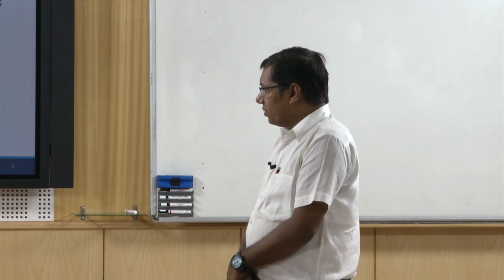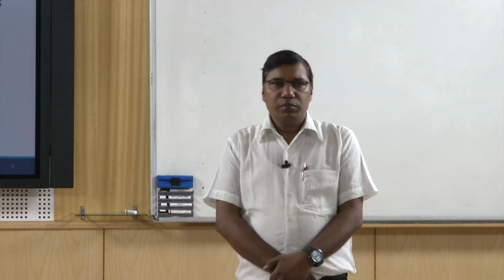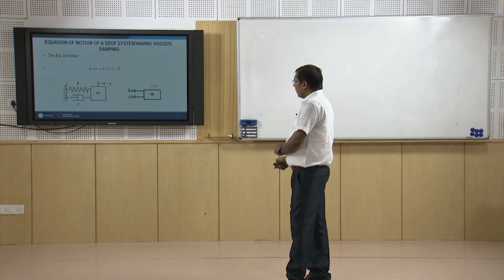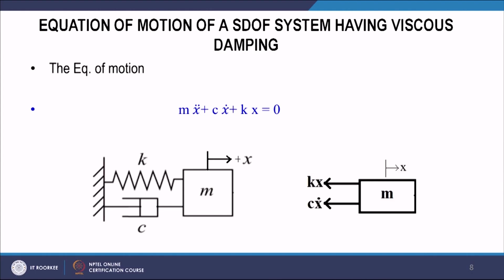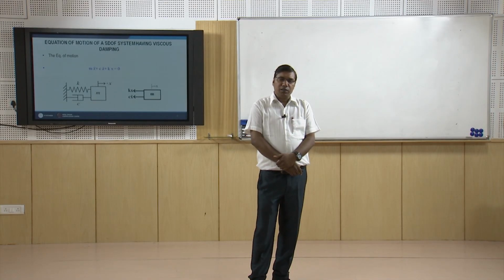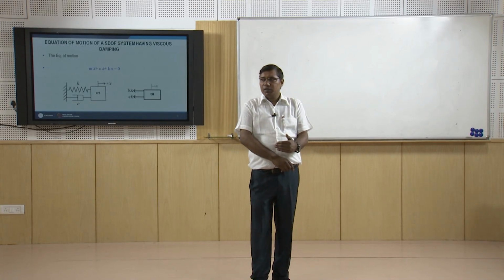Therefore, we start with a single degree of freedom system having viscous damping. We can see here we have a spring, damper and mass system, and again it is a free vibration case.